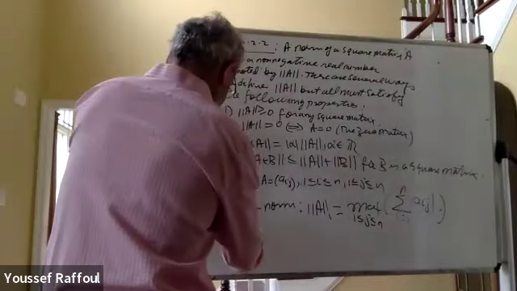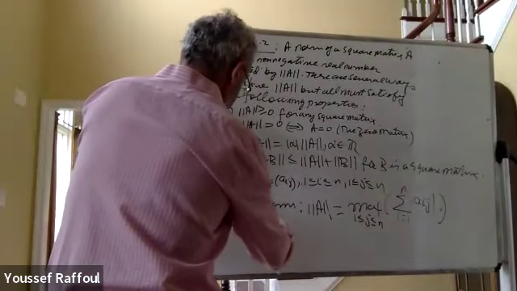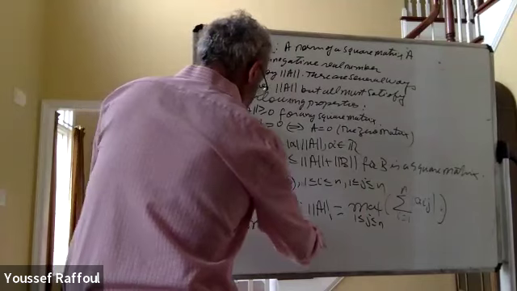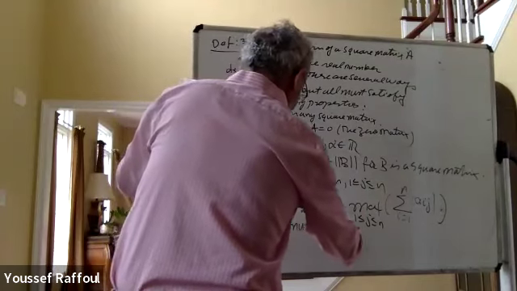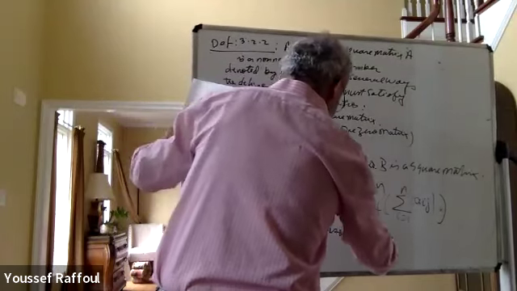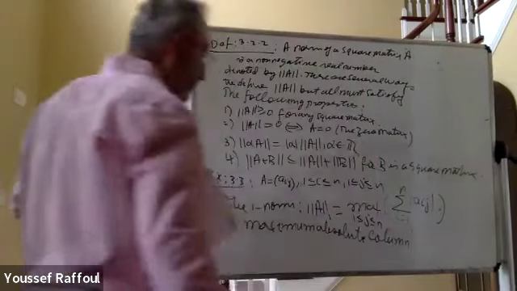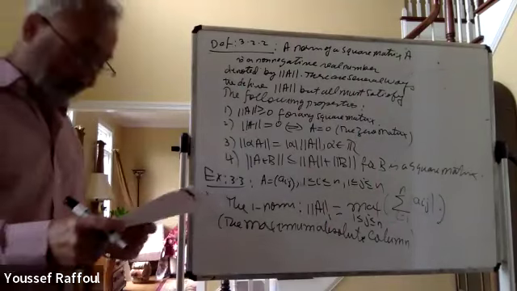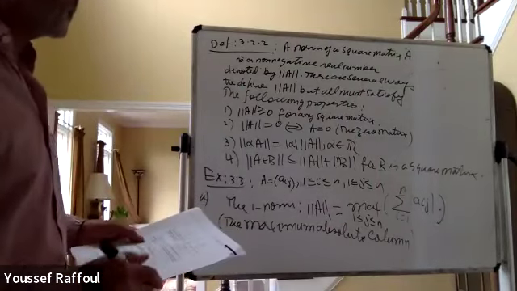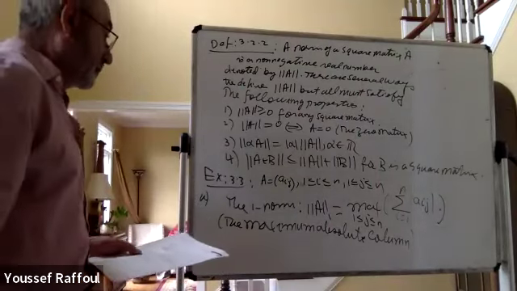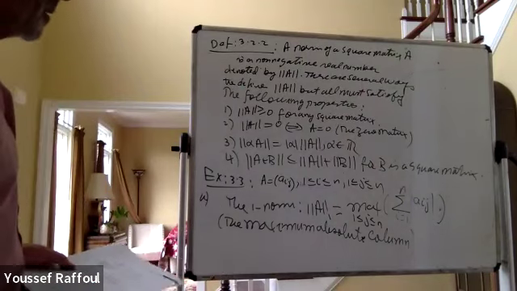And this is called the maximum absolute column sum. So this is the first norm.